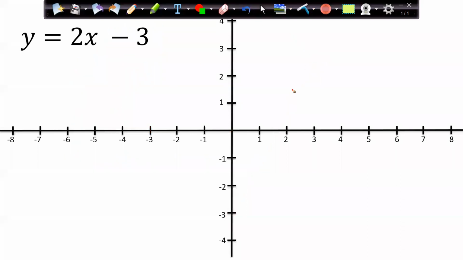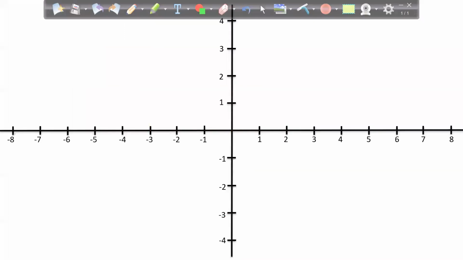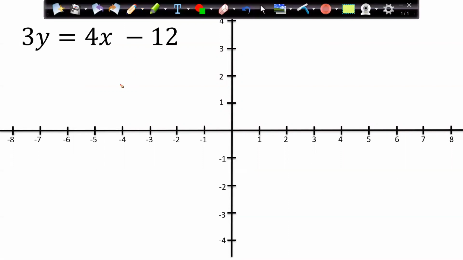Let's take another example. Now here the equation comes out to be 3y equal to 4x minus 12. So let me try to simplify this. I want y, so I'll write y is equal to 4 by 3 x minus 12 by 3.